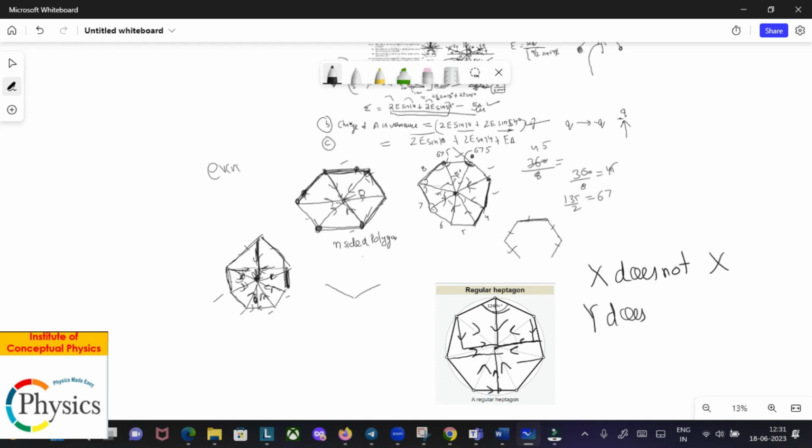In the pentagon you calculated sine 18 and sine 54. In the case of a heptagon you will not see those numbers, but you will definitely see a lot of y-axis components coming up. In the case of a pentagon, you had 2 components in y, then 2 more components in y, and then a component which was downward.